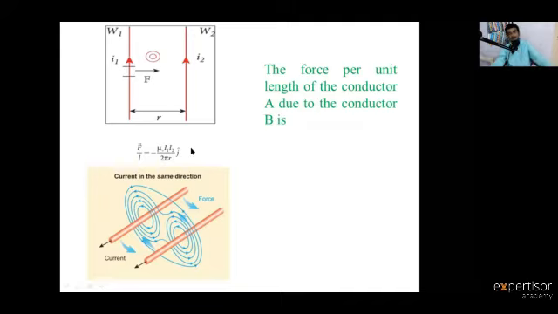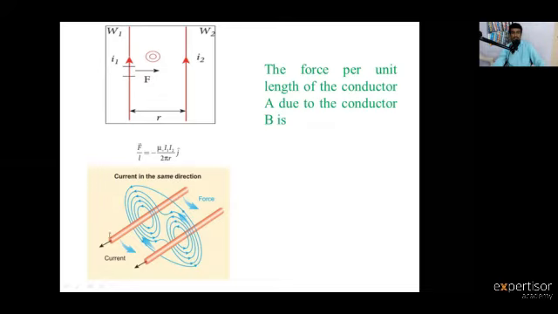So what is the final conclusion? The force developed by the first conductor or second conductor per unit length must be equal to minus mu naught I1 I2 divided by 2 pi r. So this is the information about the force generated by two parallel current carrying conductors. Look at this, current in the same direction.